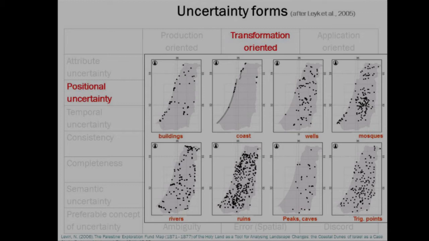Here I analyze the PEF maps for their positional uncertainty, the accuracy in their locations, and I check the locations of about 1,000 features in the map, comparing them to present-day topographical maps. I could identify that a certain well by its name is a certain well or spring today, and I checked whether the positional uncertainty is different between different features, different kinds of objects on the map.